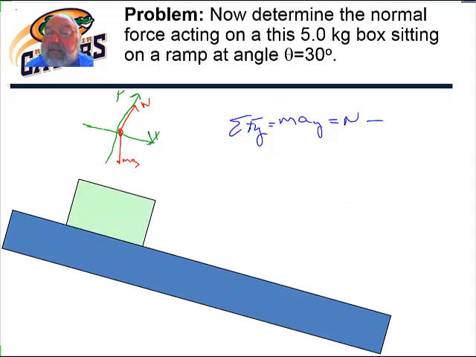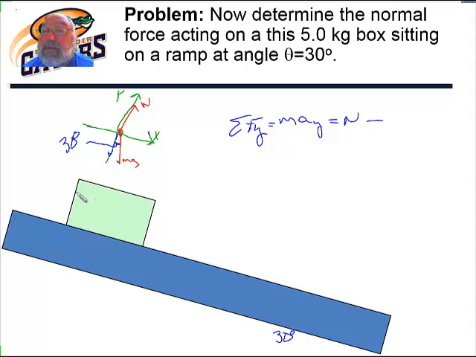Minus the components of the forces acting in the negative y direction. Well, we do have the y component of gravity, that component that lies along the y direction. And the angle between gravity and the new y-axis is 30 degrees. It's the same angle as the plane makes with the horizontal. Our y component of the force of gravity is adjacent to the angle.